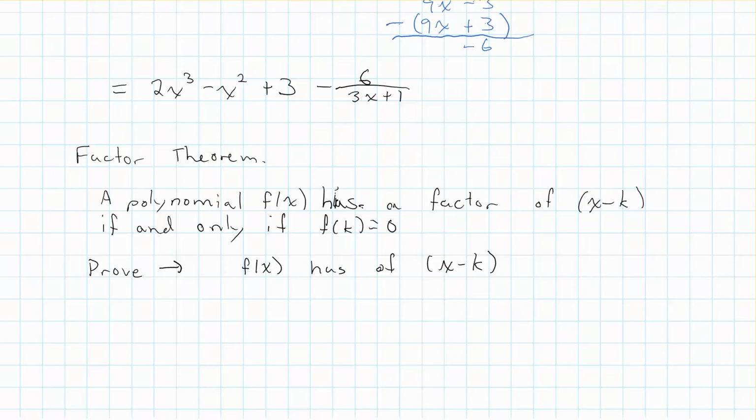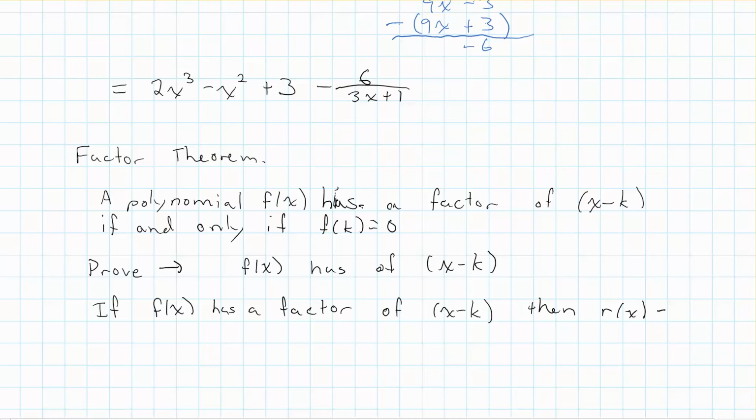Now, just from our division algorithm, we know that if f at x has a factor of x minus k, then the remainder, r at x, is 0.